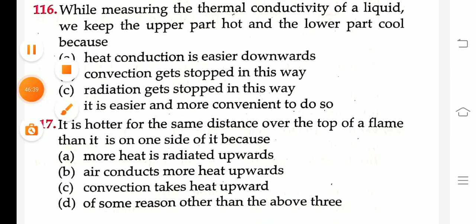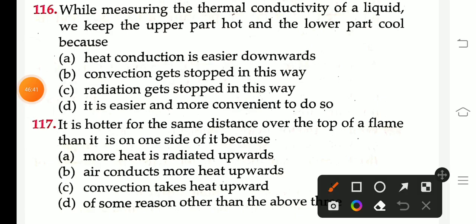Next, while measuring the thermal conductivity of a liquid, we keep the upper part hot and the lower part cool because. Right answer will be option B. Convection gets stopped in this way.